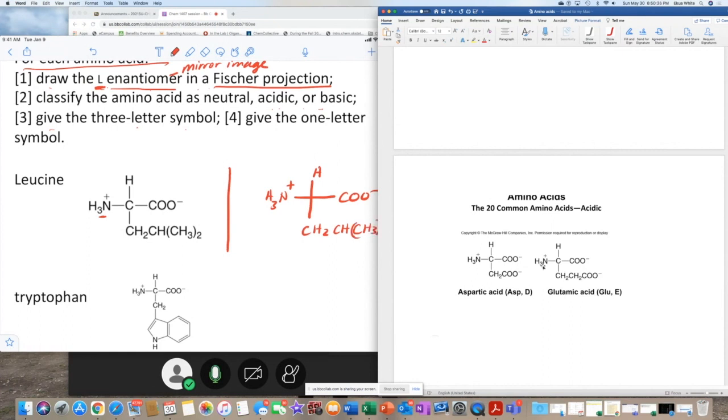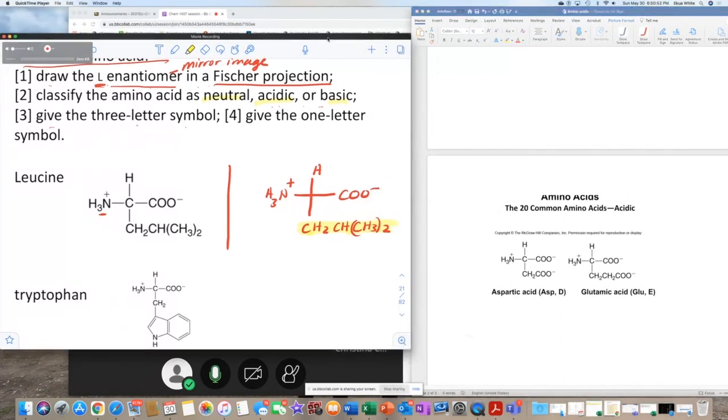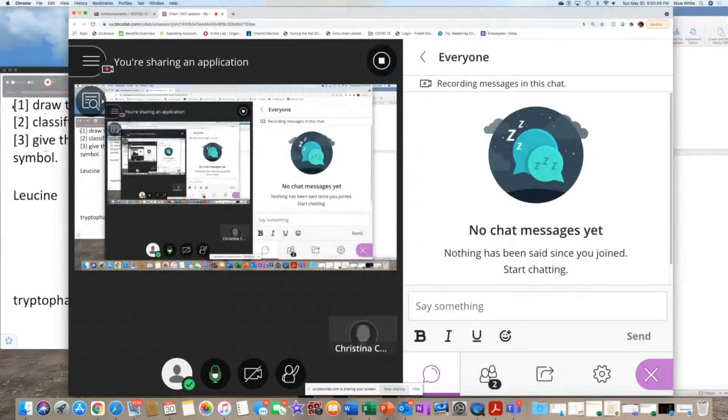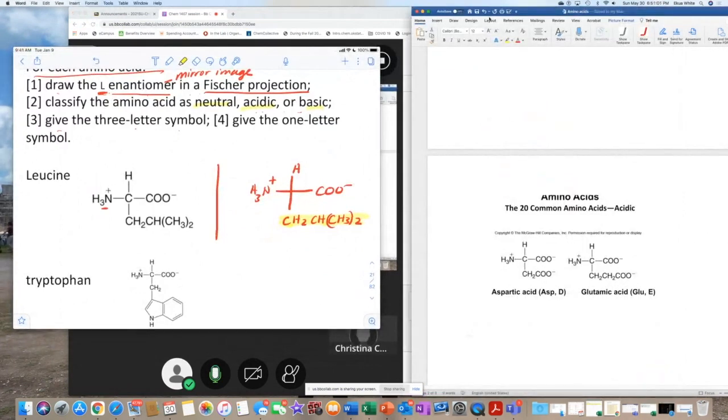Okay, so I'm going to judge the category, neutral, acidic, or basic, by that group. If it was acidic, I'd have another carboxyl group, a COO group. But it doesn't have that. So let me make this slightly smaller.